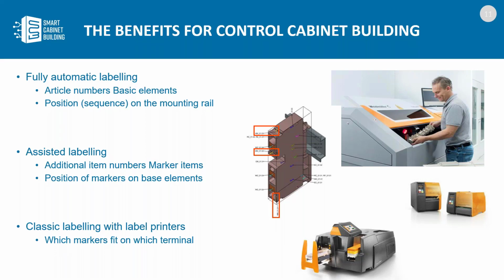You only have to define it for the special 5% where you really want a special marker for a special purpose. Then you have defined it, and for all the other cases, it's automatically done.